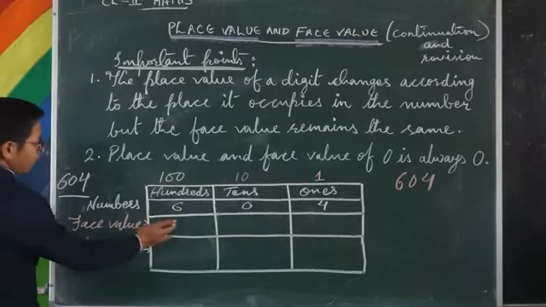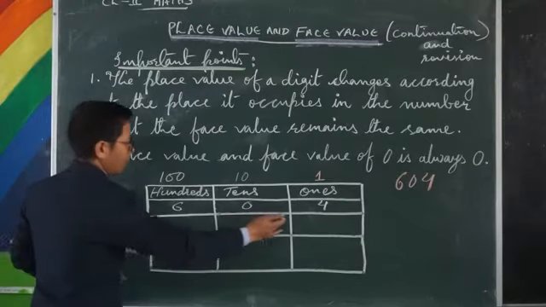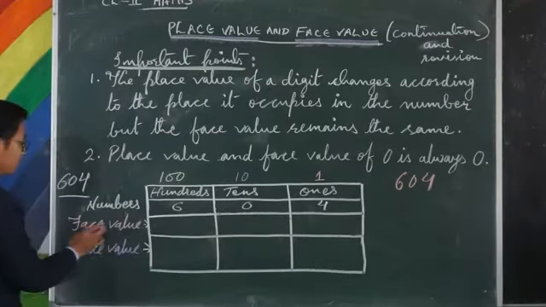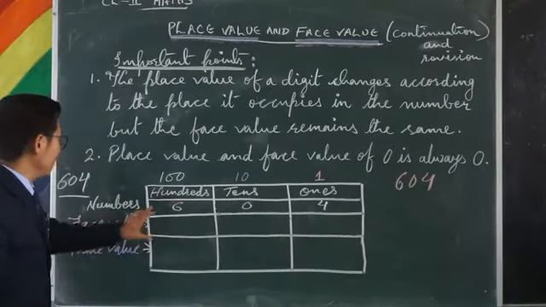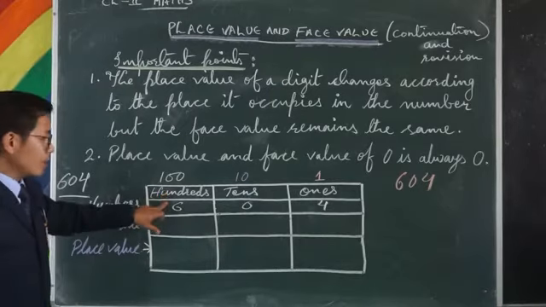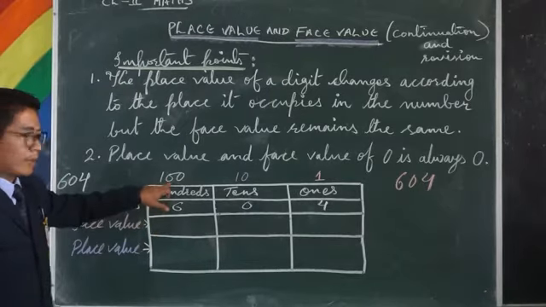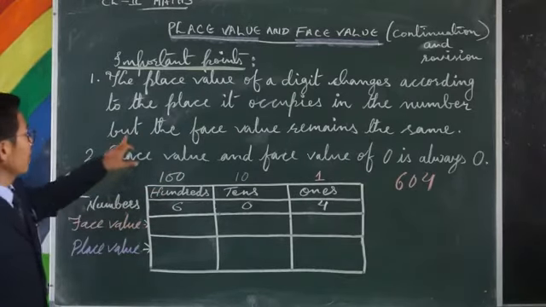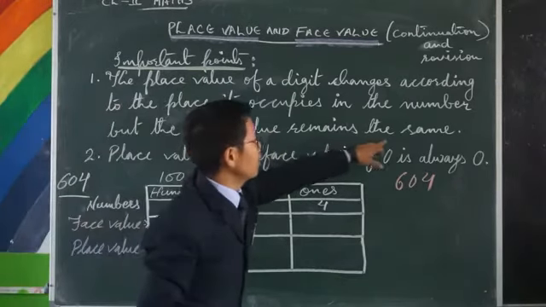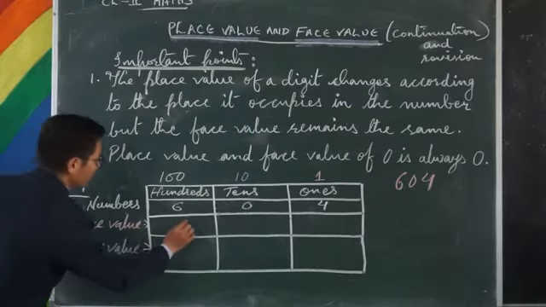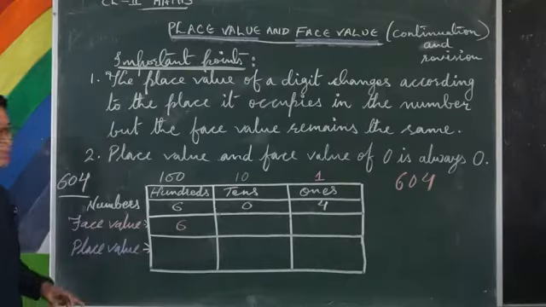In the second column, we have empty boxes to fill in the face value. What is the face value of 6? The face value remains the same for the number, so the face value will be 6 only.